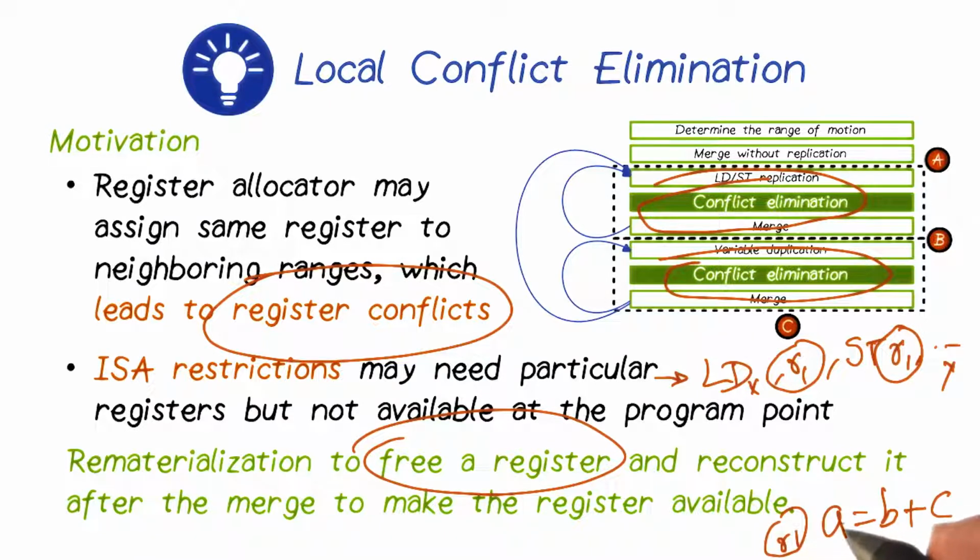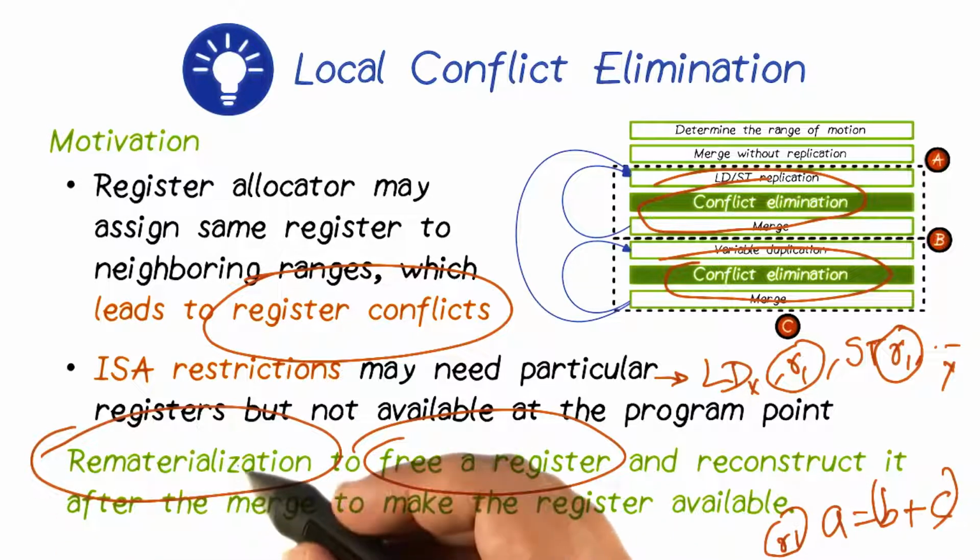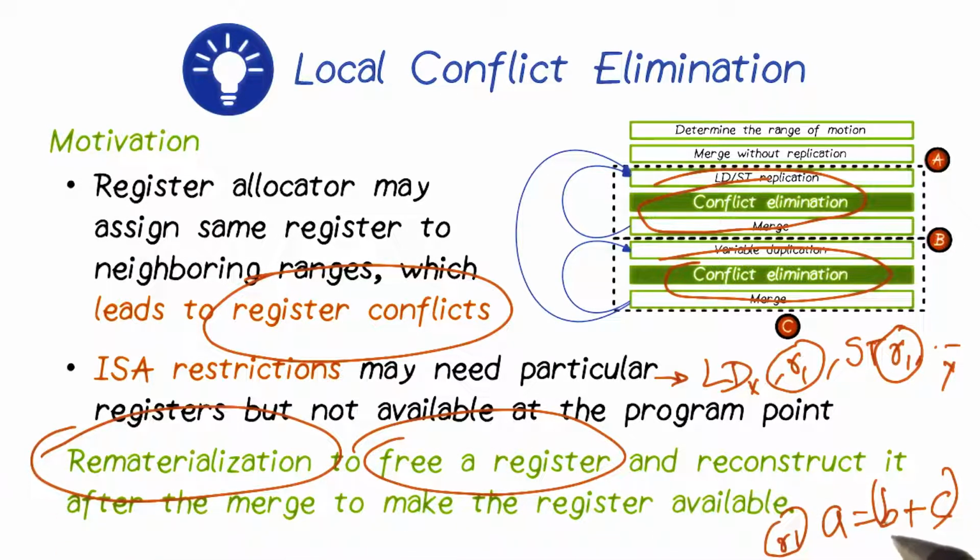And so if we are freeing the register R1 from A, we will have to reconstruct the value of A in R1 after we do this parallel load store. How do we do it? We'll just recompute it as B plus C and generate that value in R1. This technique is called rematerialization. What is being rematerialized here? We are recomputing or rematerializing the value of A into R1 by computing it from B and C, its constituents.